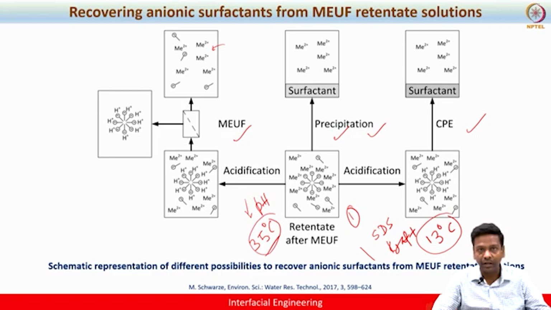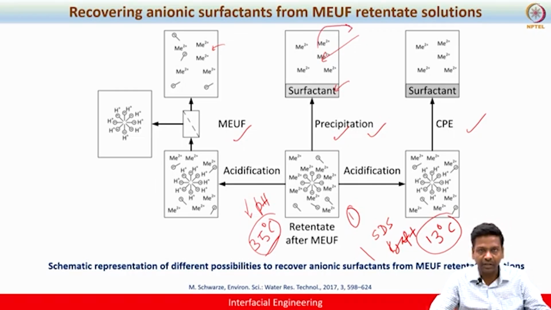If I lower the temperature such that it falls below the solubility of the surfactant, what will happen is the surfactant will settle at the bottom naturally. They will precipitate out from the solution. What you will have in the true solution is the free ions alone. So it is very easy to separate these free ions out from the mixture, right?